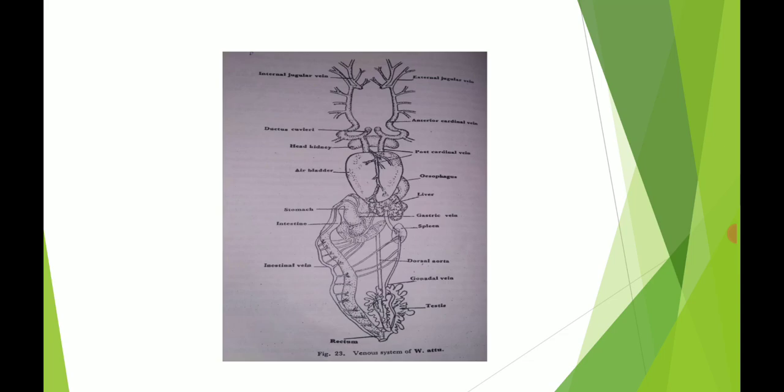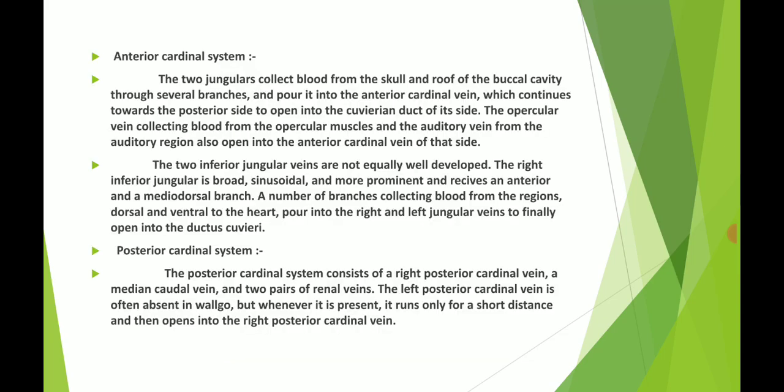One by one we are seeing how these veins perform their role in the cardinal systems. Firstly, we are seeing the anterior cardinal system. The two jugulars collect blood from the skull and roof of the buccal cavity through several branches and pour it into the anterior cardinal vein, which continues towards the posterior side to open into the ductus Cuvieri of its side.